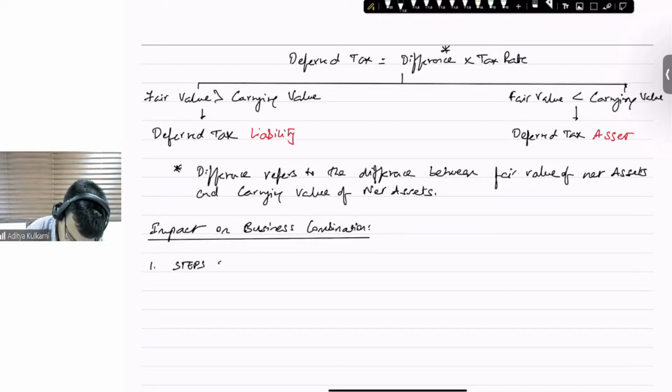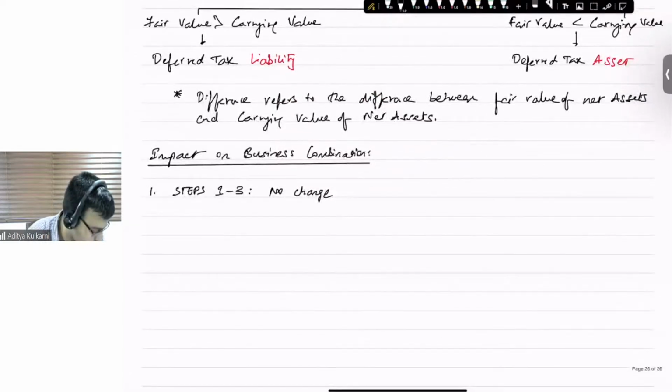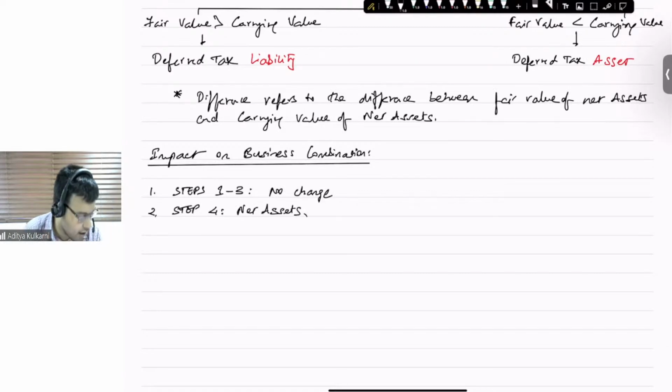Steps 1 to 3, no change. Step 4, net assets. How am I going to calculate this?